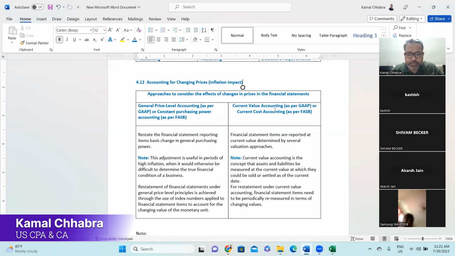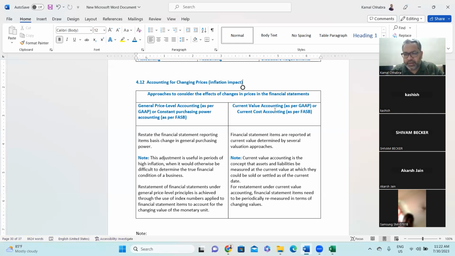As the purchasing power is changing, you need to restate the entire financial statement, which includes your balance sheet and profit and loss account, as well as cash flow statement. So when you are going for general price level accounting, you need to restate the entire financial statement based on the purchasing power, right?